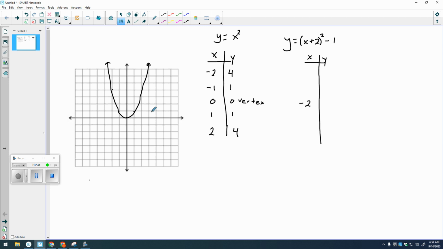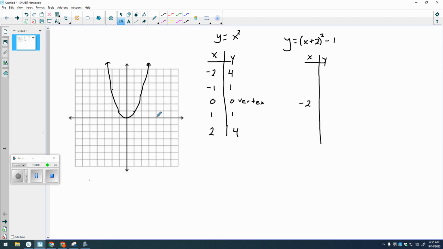So now I'm just going to move left and right. So if this is my vertex, I want to check points to the left of my vertex so I get this part of the graph. And I want to check points to the right of my vertex so I get this part of my graph. If I just simply pick random points, this graph may be sitting way down here.